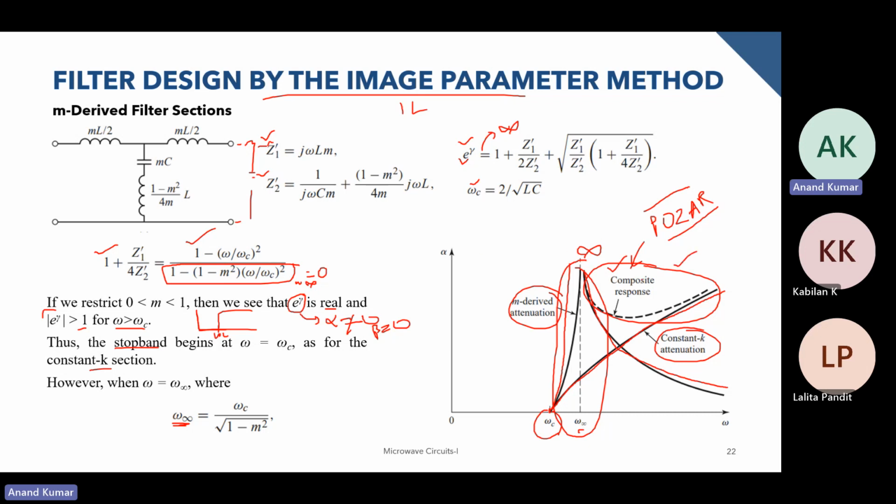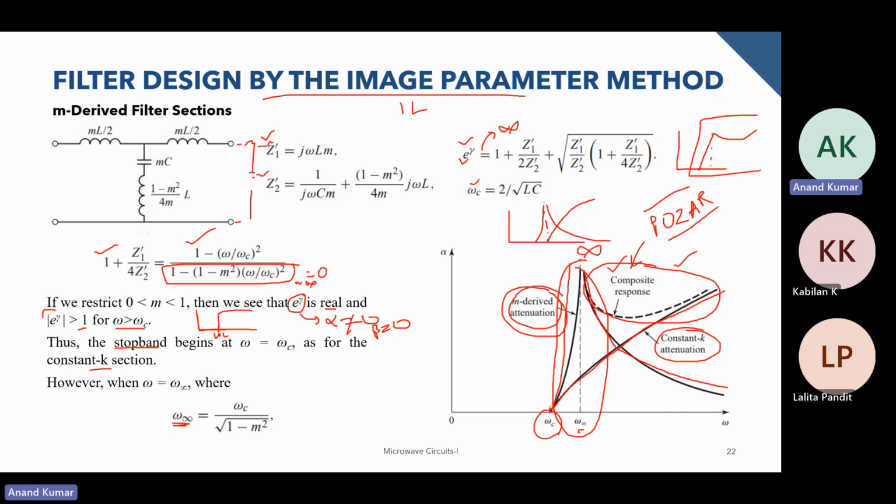We won't cover it today, but just to give you an idea, the attenuation due to an M derived section looks something like this, and the constant K gives attenuation like this. If you take a composite look, you can end up with a filter which has attenuation looking something like this.